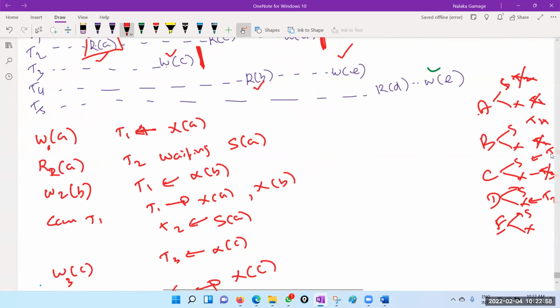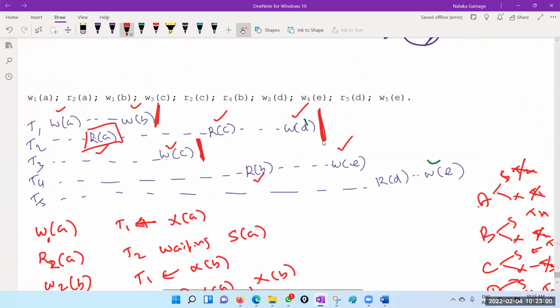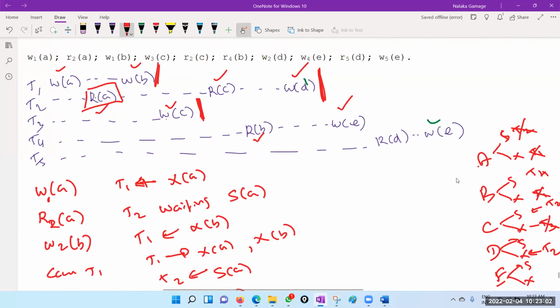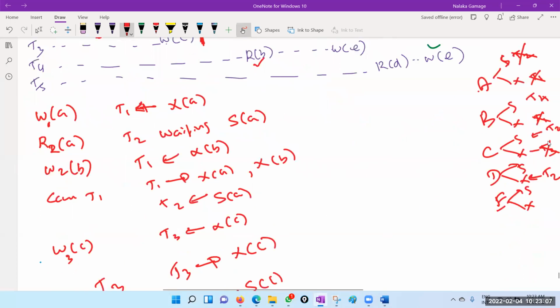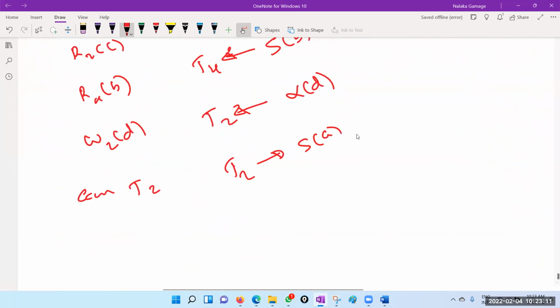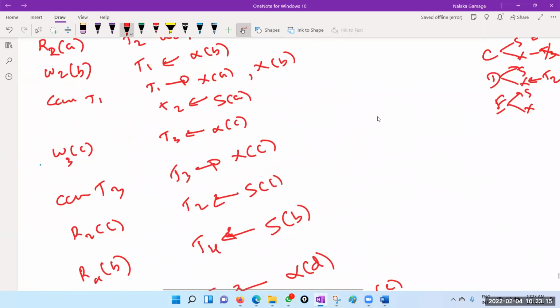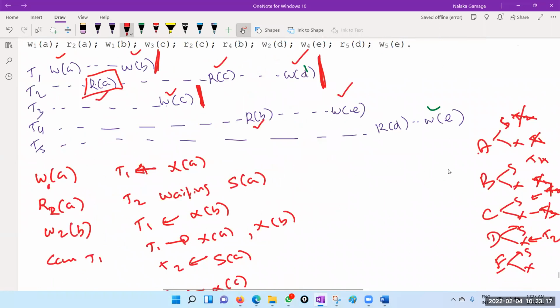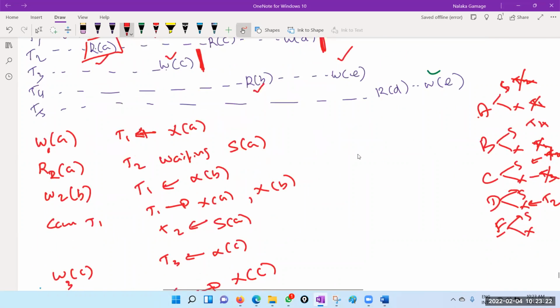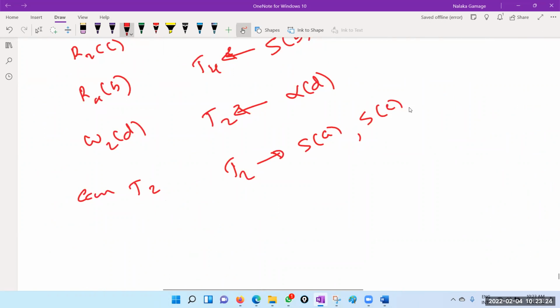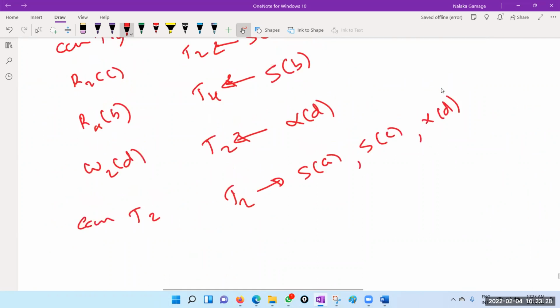Transaction 2 can release shared C also. And also exclusive D. Exclusive D, it just acquired, now it can release.